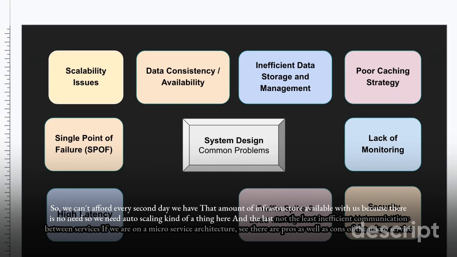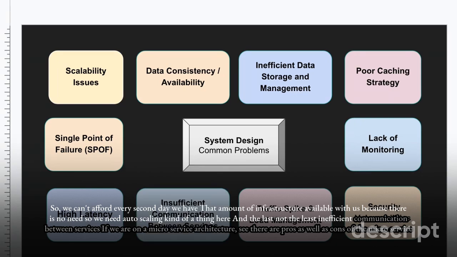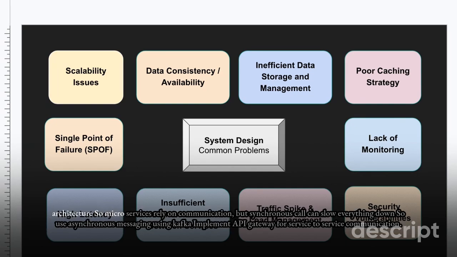And the last, not the least, inefficient communication between services. If we are on a microservice architecture, there are pros as well as cons. Microservices rely on communication, but synchronous calls can slow everything down. So use asynchronous messaging using Kafka or RabbitMQ.